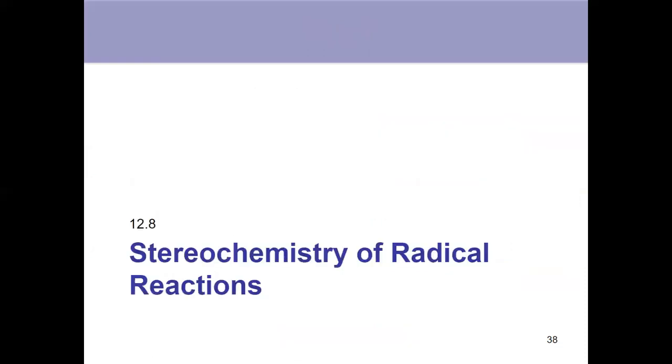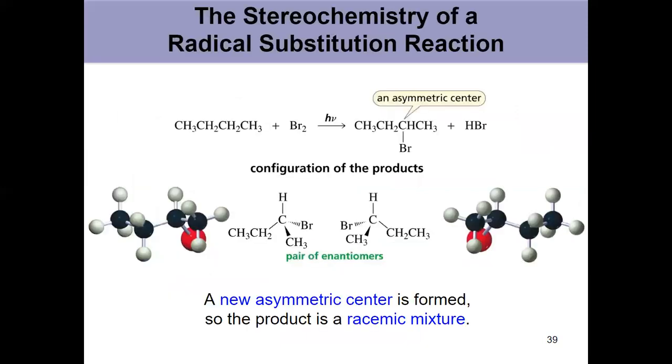What about stereochem of these reactions, as promised? Well, the good news is there's no new rules to worry about. So we can predict a product. And we know that an alkane will react with bromine with heat or light to add bromine or chlorine.